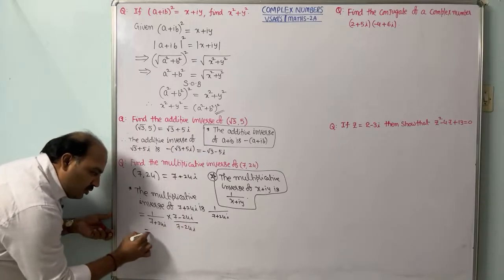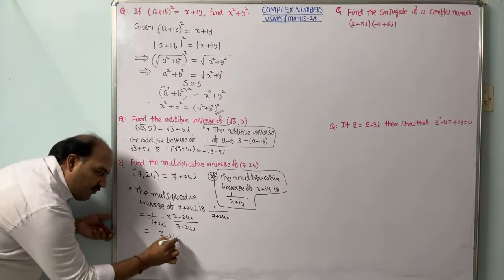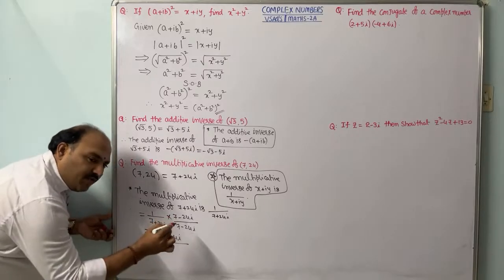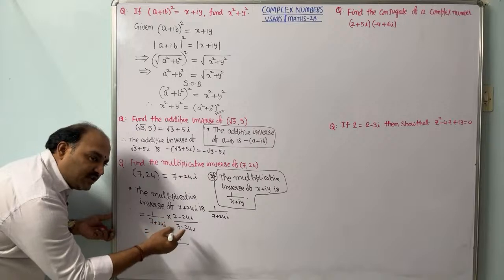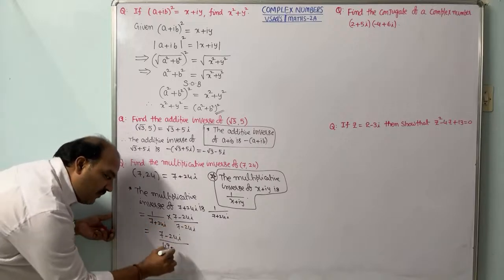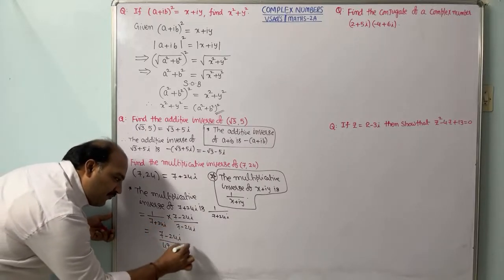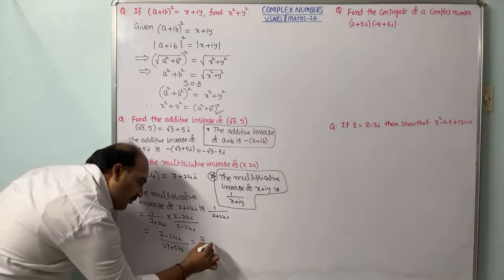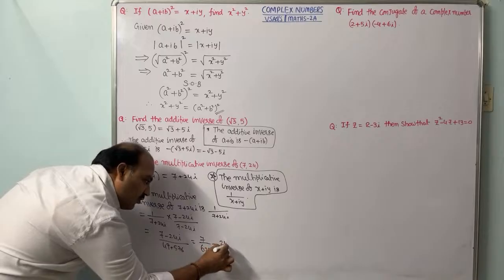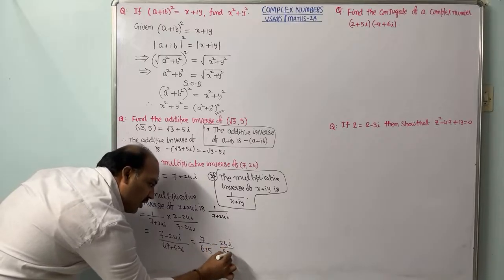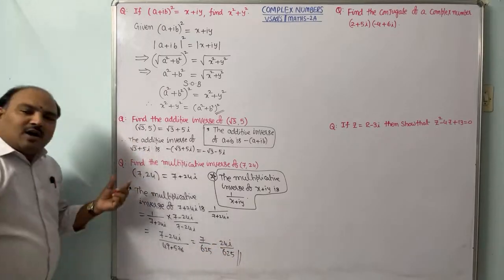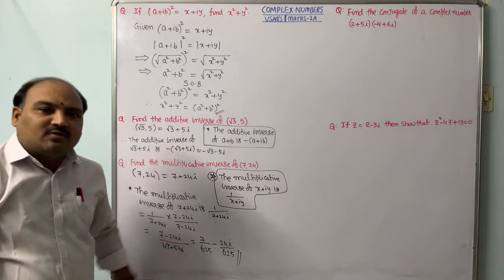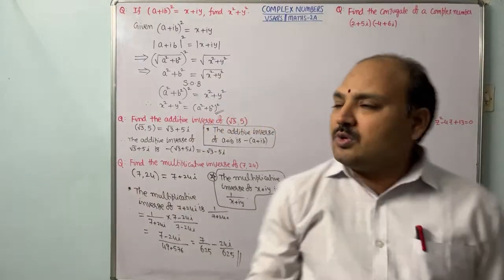Which is equal to (7 minus 24i) divided by 7 square, 49, plus 24 square, which is 576, because i square is minus 1, so plus 576, which is equal to 7 by 625 minus 24i by 625. This is the multiplicative inverse of the complex number. Okay, dear students, we'll move to another question now.